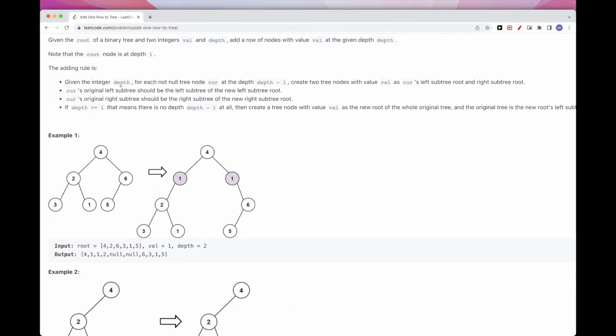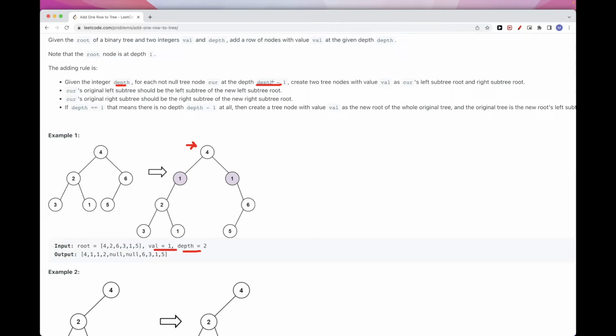first thing it says is that for every non-null tree node at depth minus 1, so here at depth 1, which is 2 minus 1, we create two nodes with value val that we get here, and we make them the left and right subtrees of the node at depth minus 1.